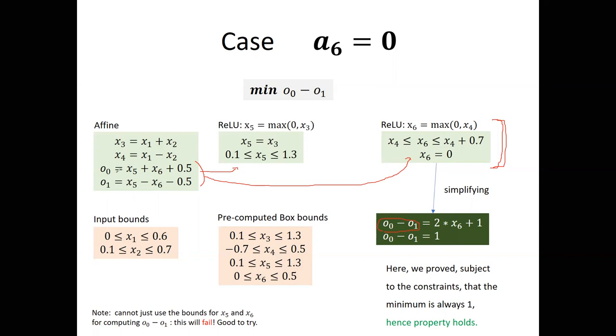So look at what's happening here. Before we use x5, x6, let's look at O0 and O1. We have x5 plus x6 plus 0.5, and we have x5 minus x6 minus 0.5.